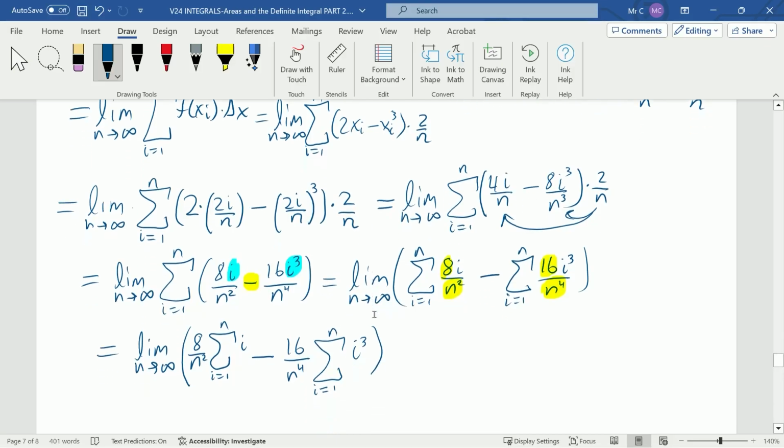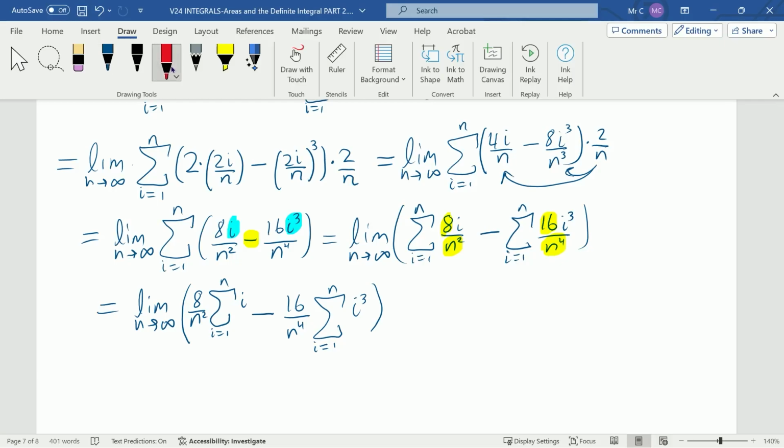And so we did it. Not the whole thing, of course, but we reached our interim goal of writing this in such a way that we get to apply one of those nice formulas. Okay, so now we're going to apply those formulas and see what we get.